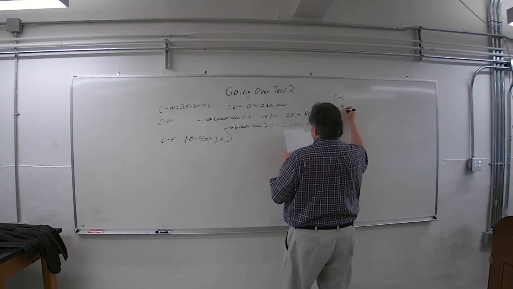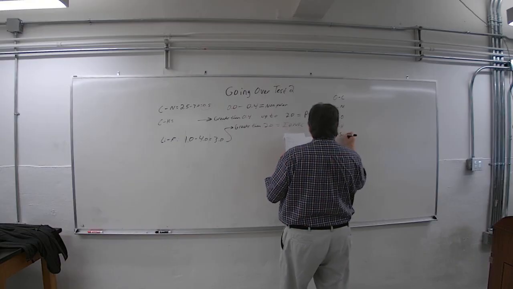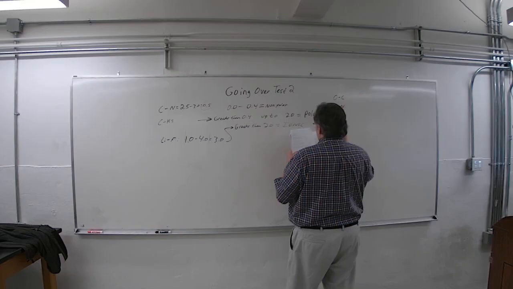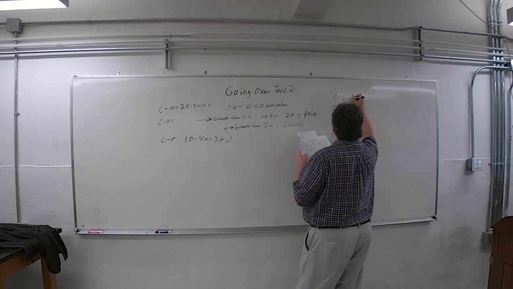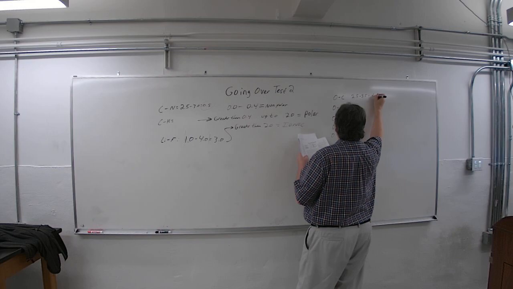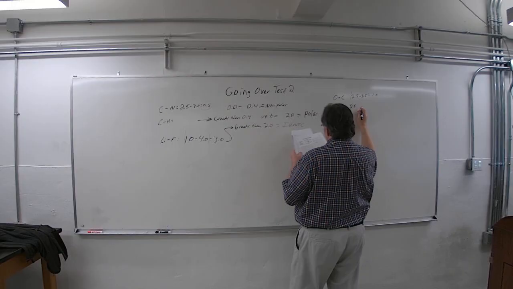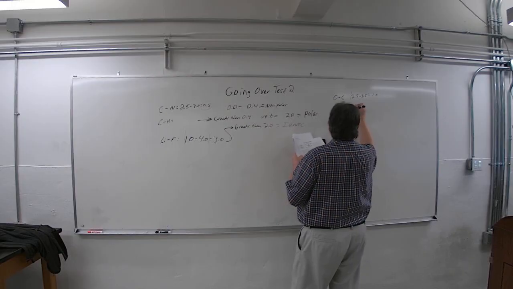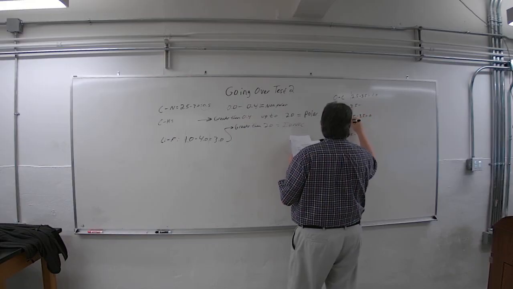Oxygen to carbon, oxygen to nitrogen, oxygen to oxygen, oxygen to hydrogen, oxygen to silicon. Carbon is 2.5, oxygen is 3.5, so I'll just do this. That one would be 0.